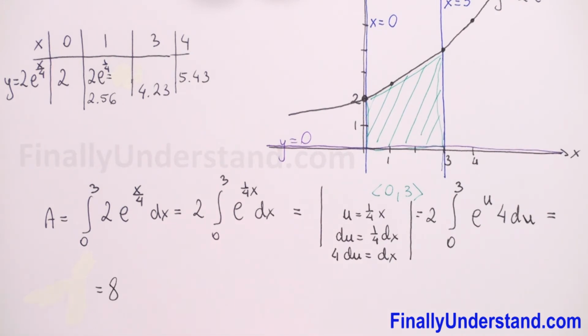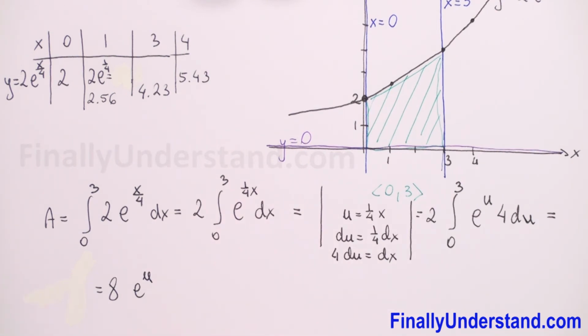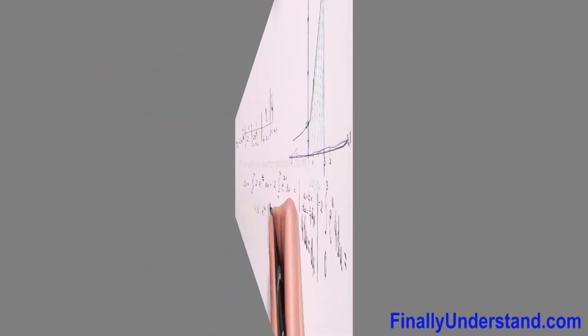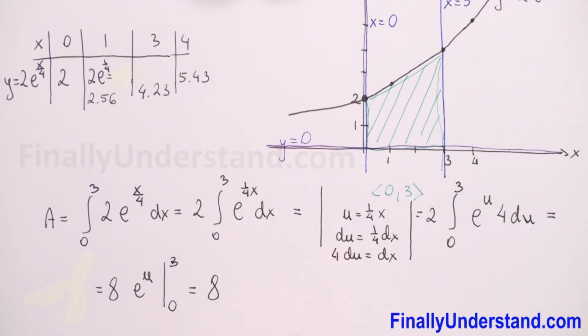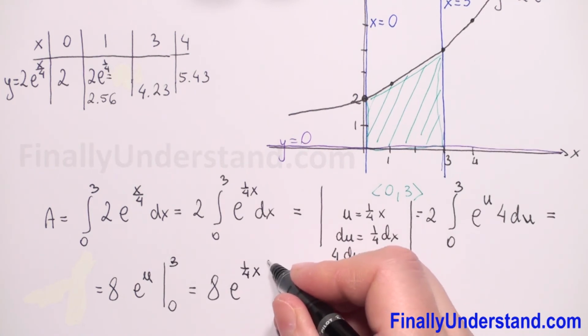So we have 8. The integral of e to power u is e to power u. And now we have to put in our limits of integration. So now we have to come back to our substitution. We have e to power 1 over 4 x, with limits 0 to 3.